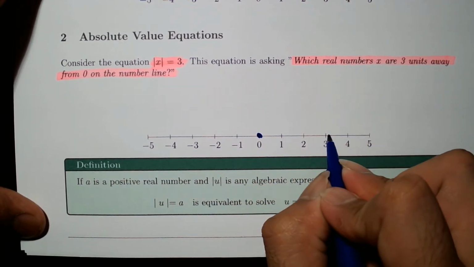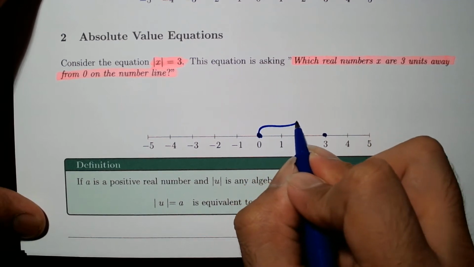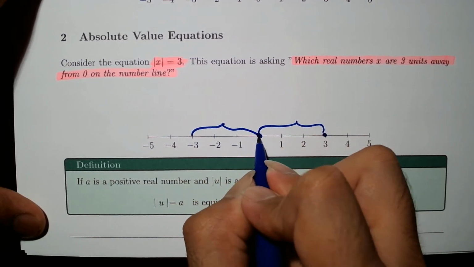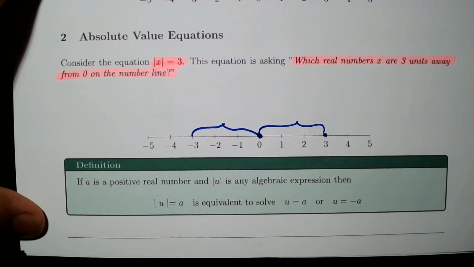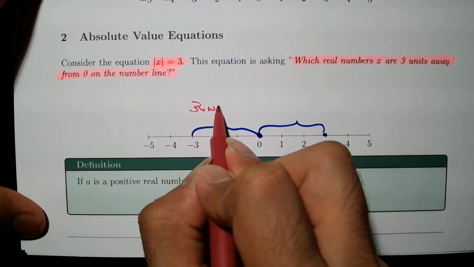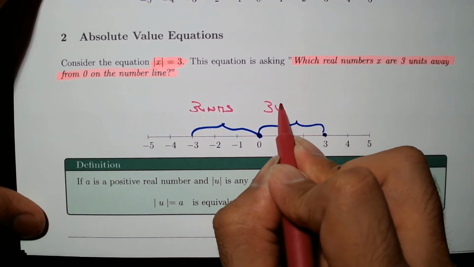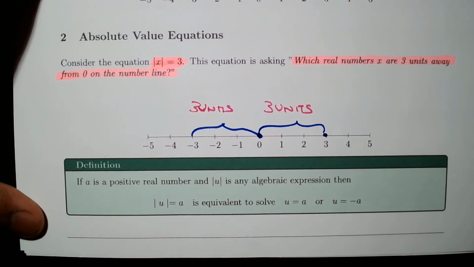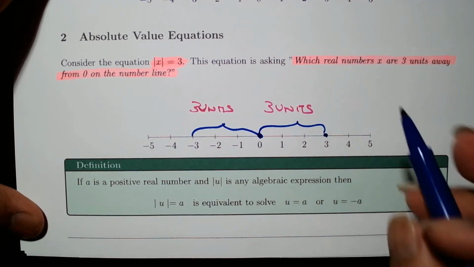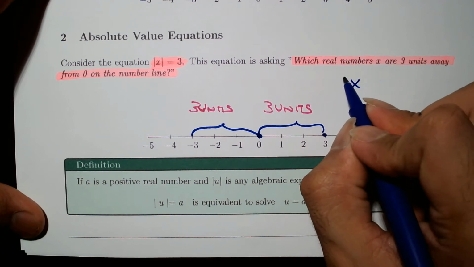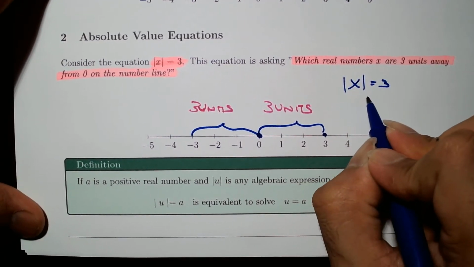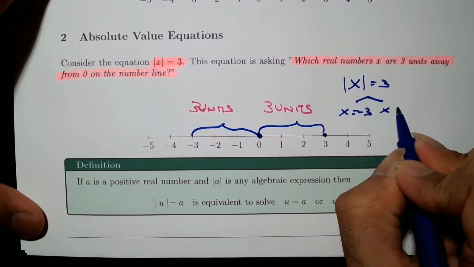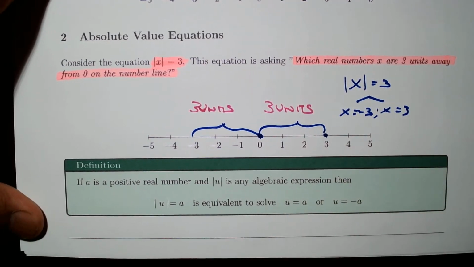In one direction, this is 3 units away, and in the other direction, this is 3 units the other way around. So the solution to the equation absolute value of x equals 3 will be 2 solutions: x equals -3 and x equals +3.